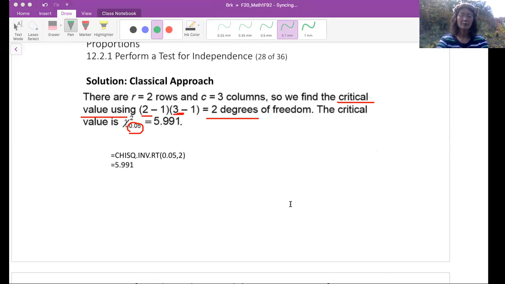So probability 0.05, degree of freedom is 2. Press enter, you get 5.991. And this is the formula here. So we found the critical value for chi-square.